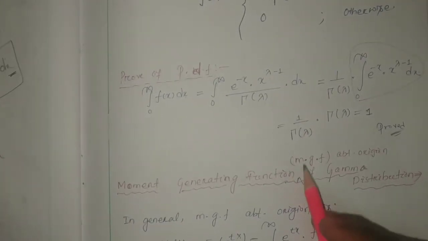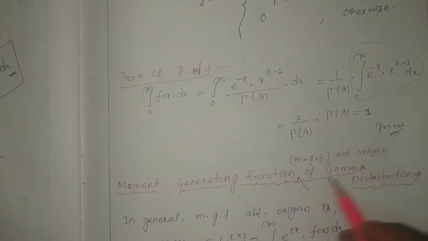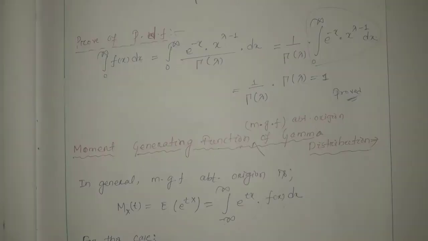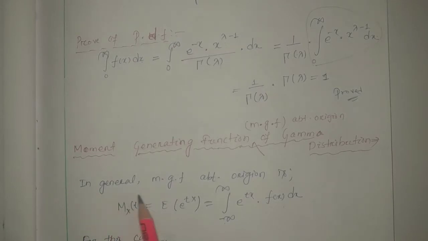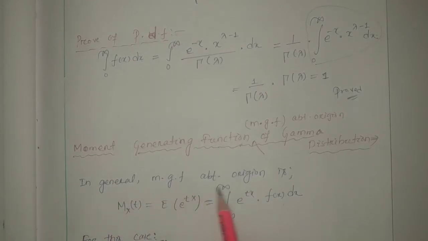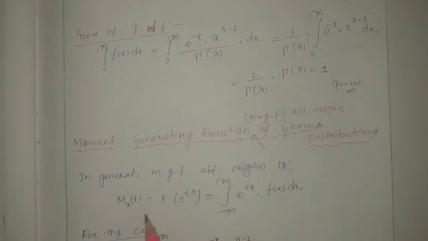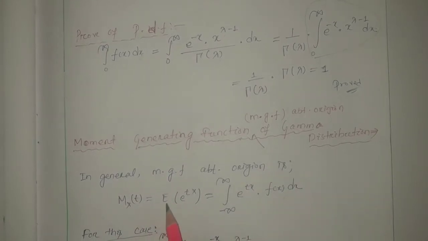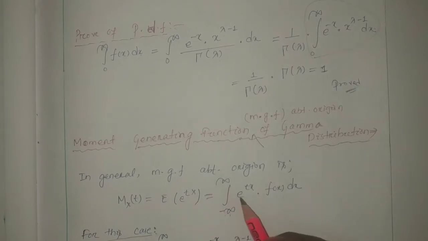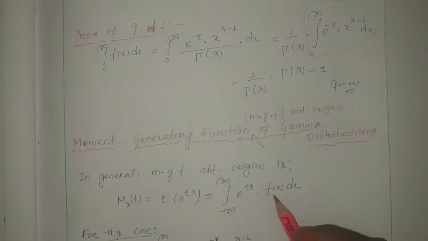Next we go for the moment generating function, or MGF, about the origin of the gamma distribution. In general, the MGF about the origin is M_x(t) equal to the expectation of e to the power tx, that is the integral from minus infinity to plus infinity of e to the power tx into f(x) dx.